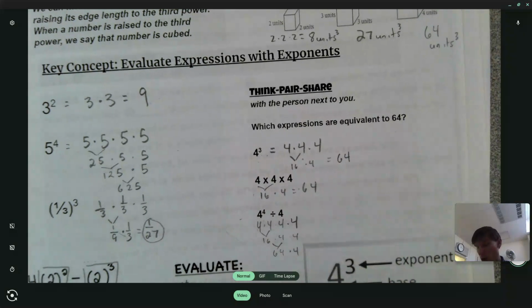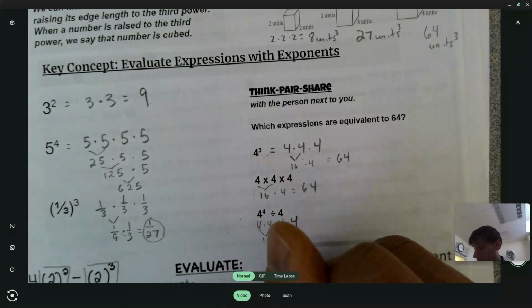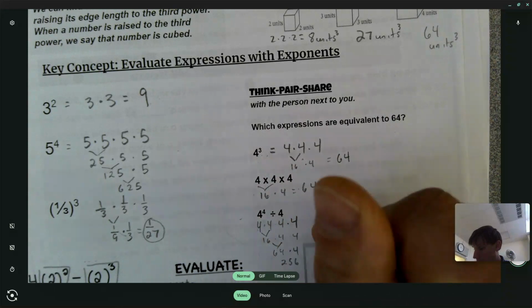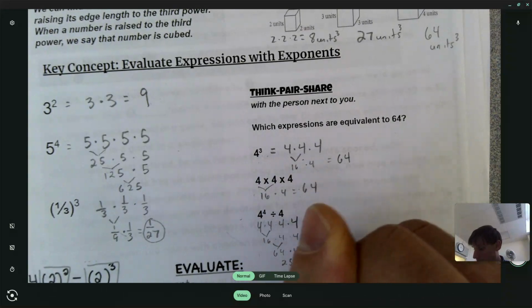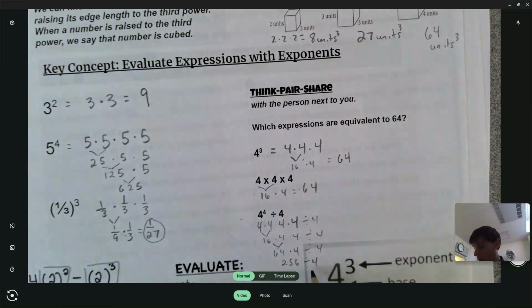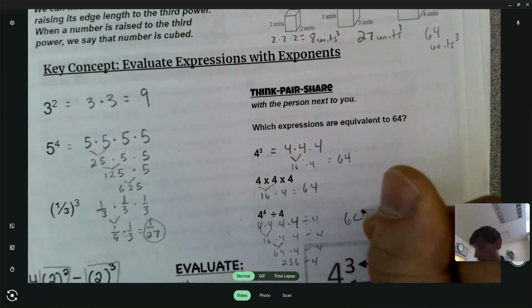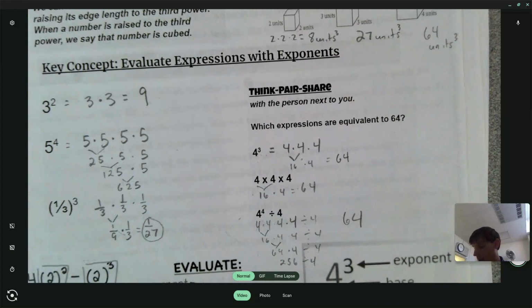You can multiply it out longhand, I'm not going to do that right here. So we're at 256, and then all that is still divided by 4. I should have written that out. So 256 divided by 4, if you do that out, the answer is also 64. So yes, they are all equivalent to 64.